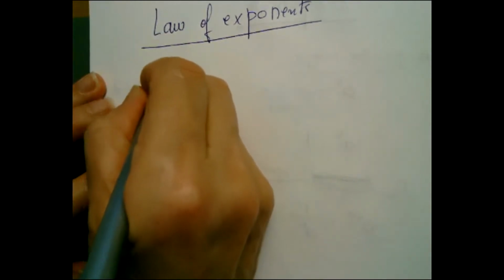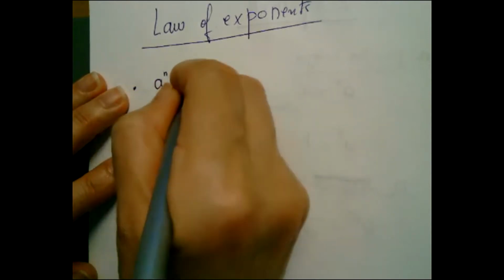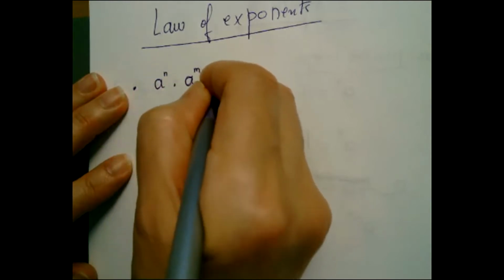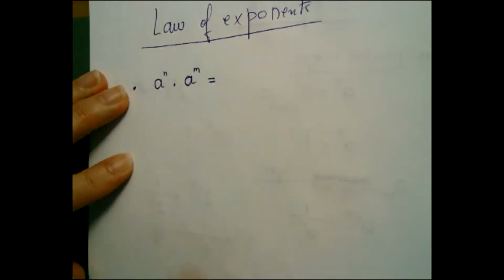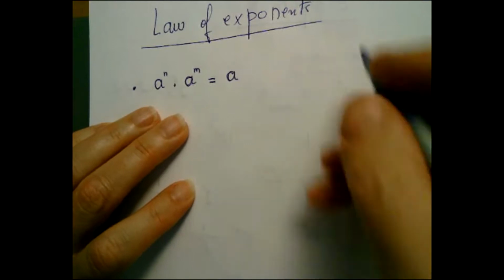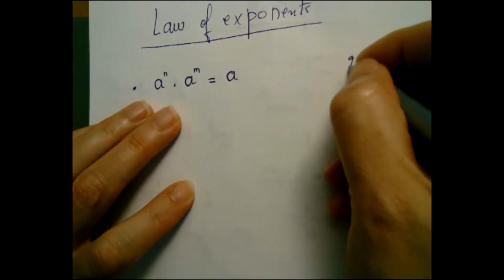So suppose I have one base a, and I have a to the n, and a to the m, you multiply them. So that's crucial. Now I want to combine those. This is going to give me a to which power? Before we give the answer, let us see what I'm talking about. Very simple.